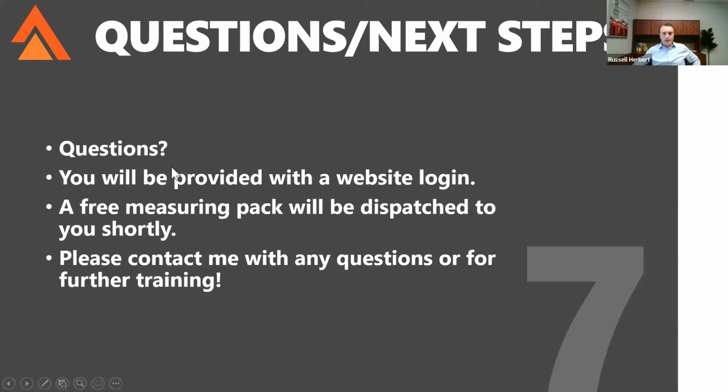So we'll follow up with everybody on the call today and make sure you have a login for the website. That makes sure that your configurations are tied to the correct account when they come through. The other thing we'll be doing is sending out a measuring kit to everybody as a thank you for joining.